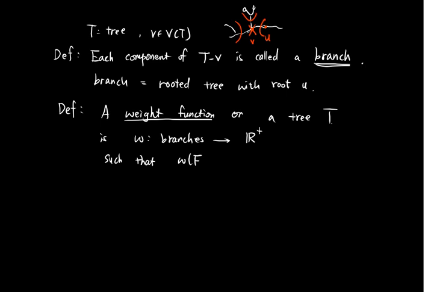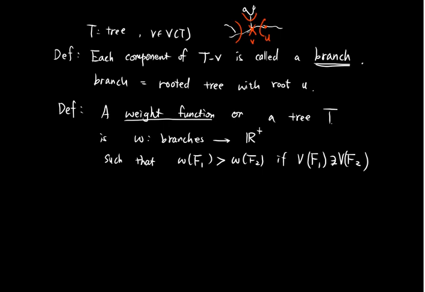If a branch, let me do that first. Okay, so if I have two branches, F1 and F2, and if the vertices of F1 covers the vertices of F2. Okay.